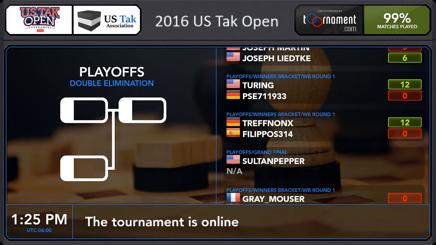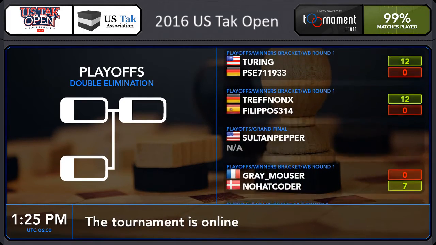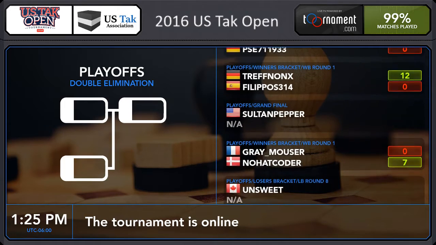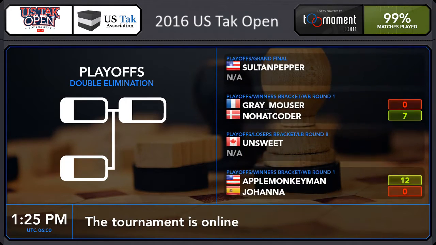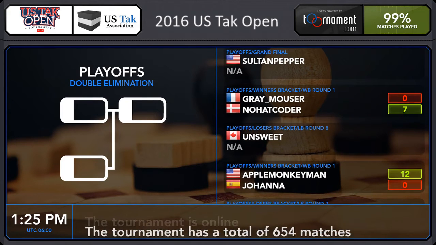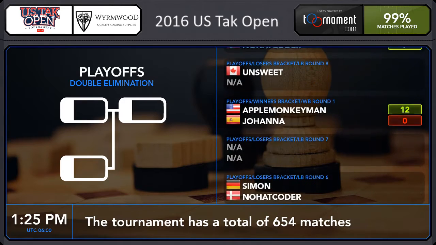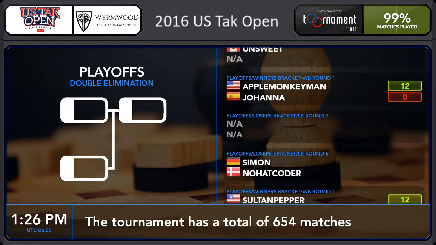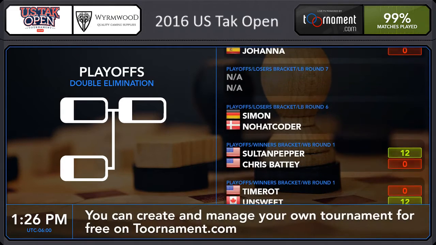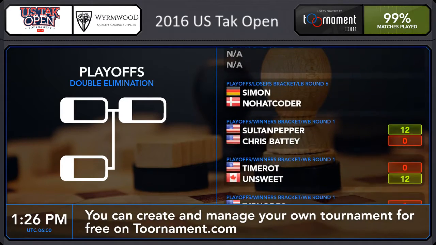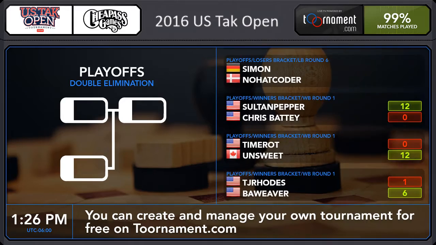So yes, for a road win, the players do get 6 points under the tournament scoring, which is the length of the board. If there's a flat win, then they get the difference in flats up to the length of the board, and that is the current method of scoring for the tournament.